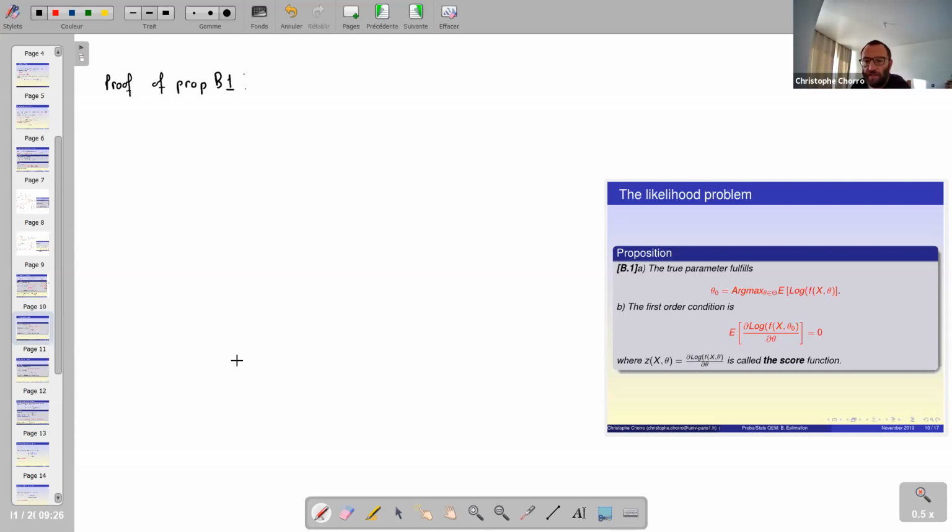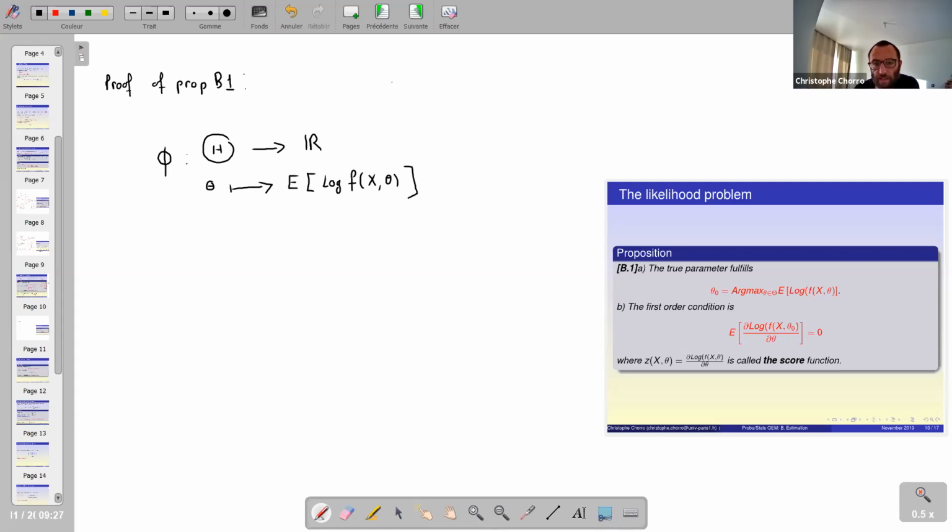So let's define what I want to maximize. That is the mapping phi, a mapping from the set of parameters with values into, let's say, R, that associates to any little theta in my set of parameters the quantity of interest, that is the expectation of the logarithm of f(X; theta).